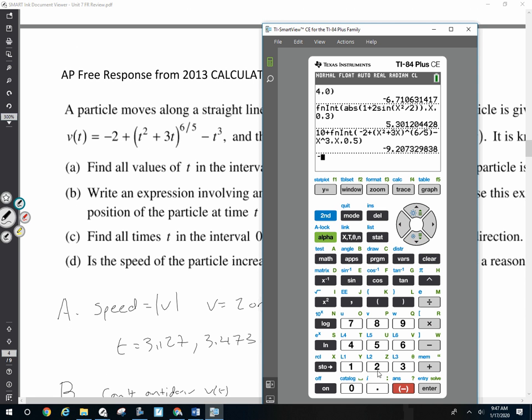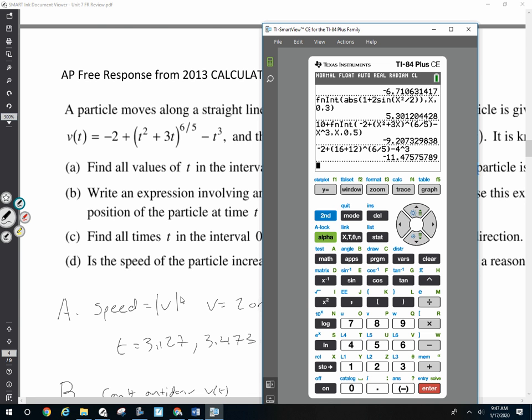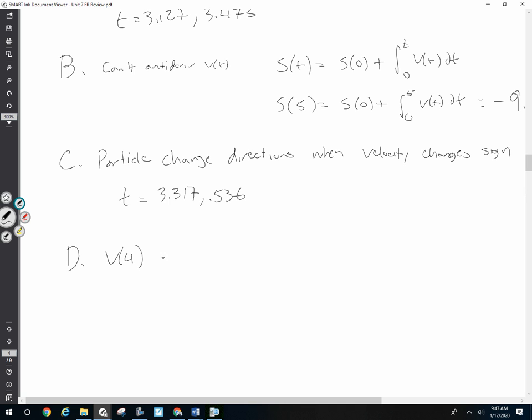So I got negative 2 plus 4 squared, 16, plus 3 times 4, which is 12, to the 6/5, minus 4 cubed, 64. It's negative. So I'm going to write that down. Do I care what the value is? Actually, no, I don't for speed.